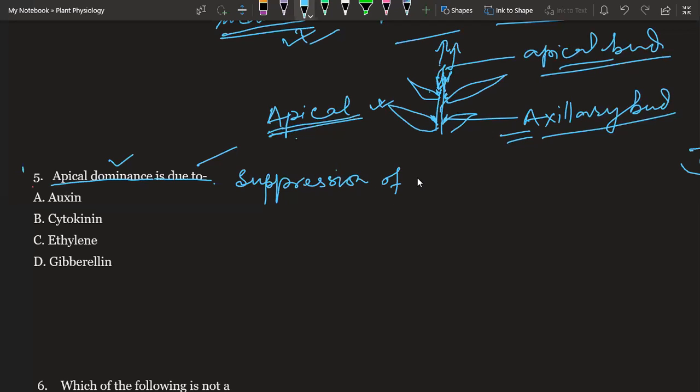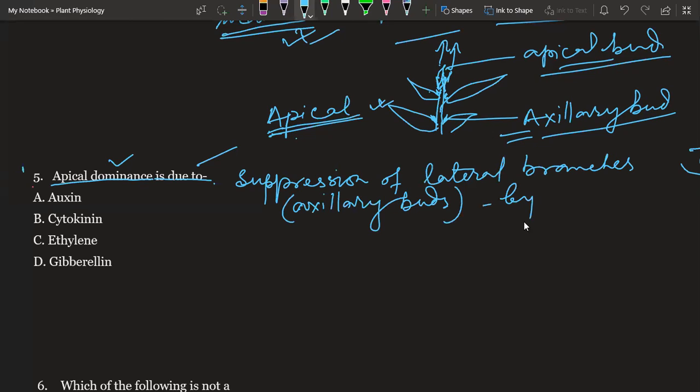So this is suppression of axillary buds or lateral branches by the fast-growing apical bud.